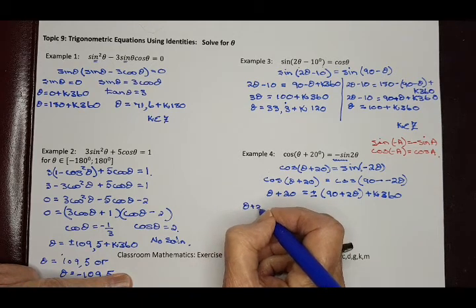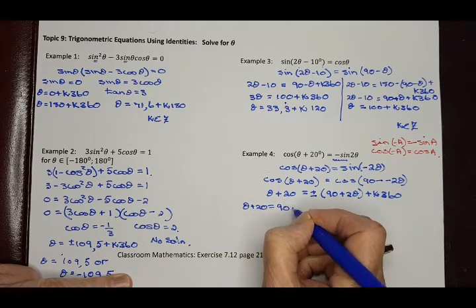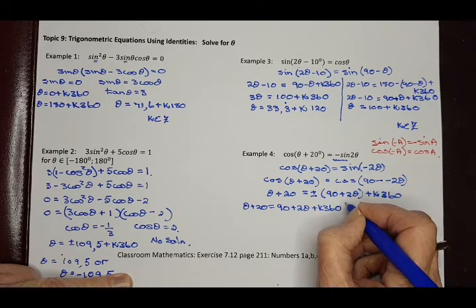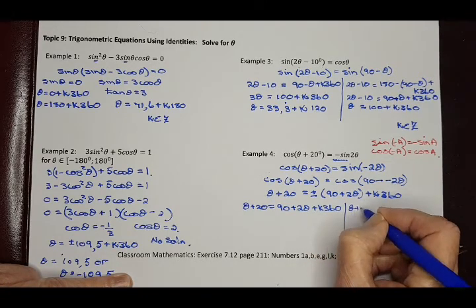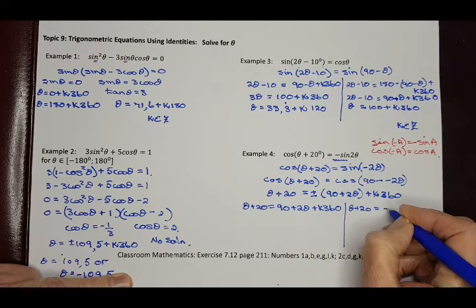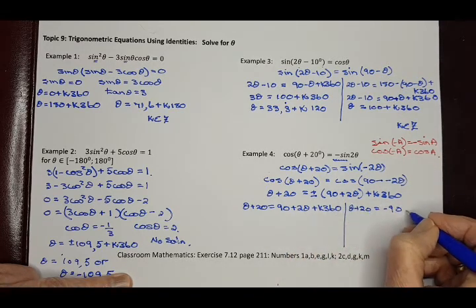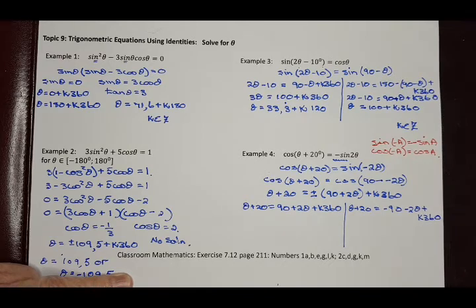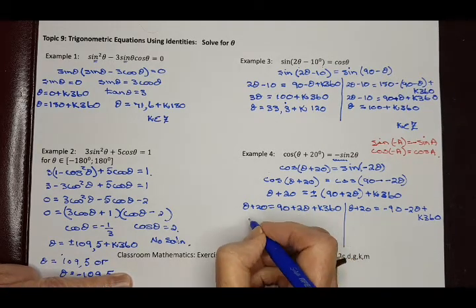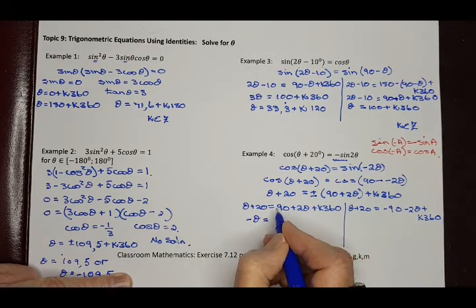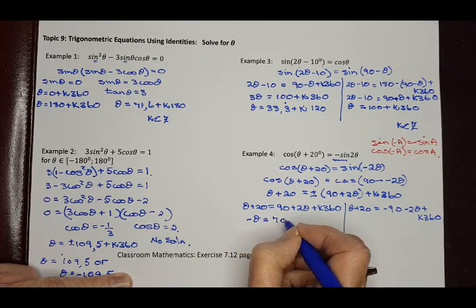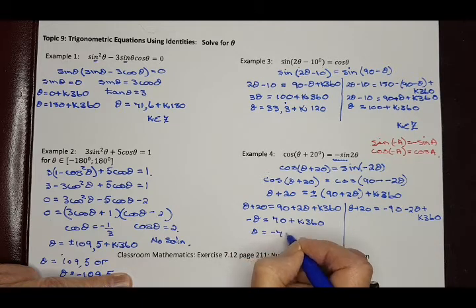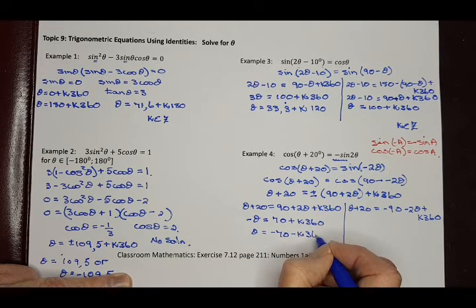So theta plus 20 will equal 90 plus 2 theta plus K360, or theta plus 20 will equal minus 90 minus 2 theta plus K360. Theta minus 2 theta, minus theta will equal 90 minus 20, 70 plus K360. So theta will equal minus 70 minus K360.